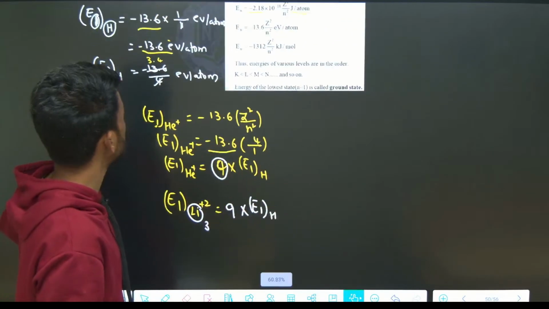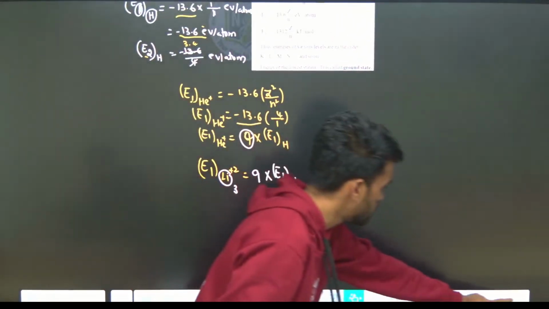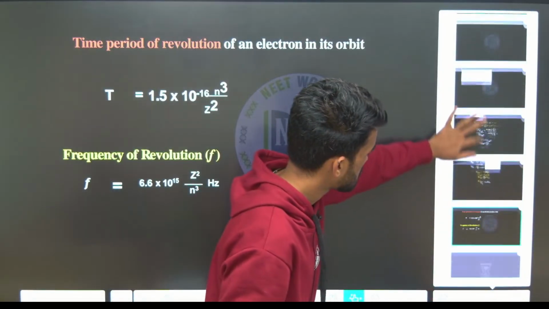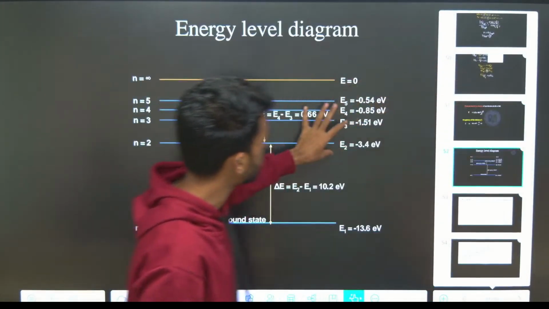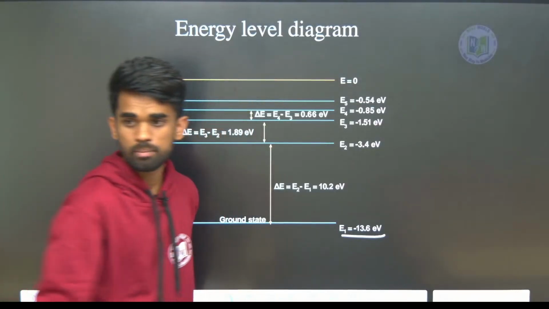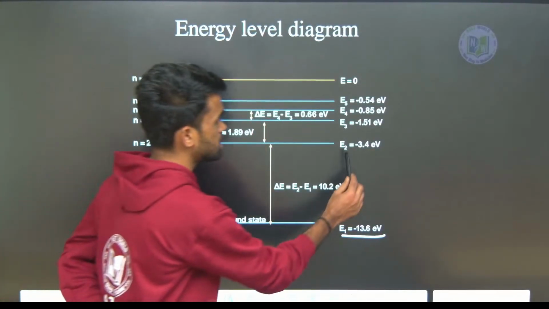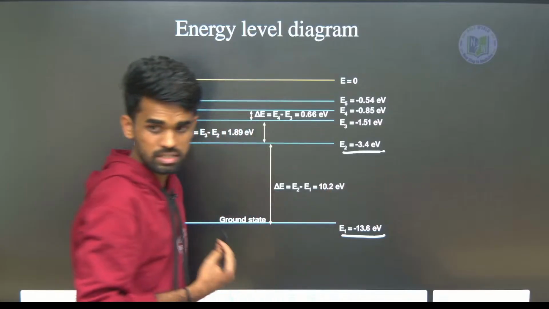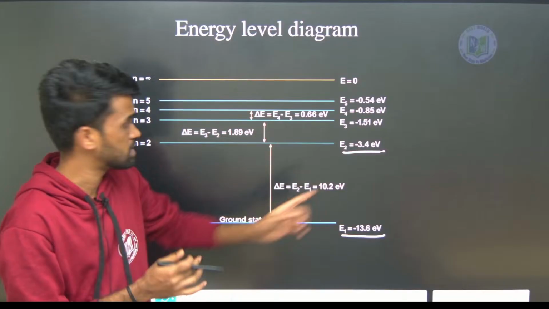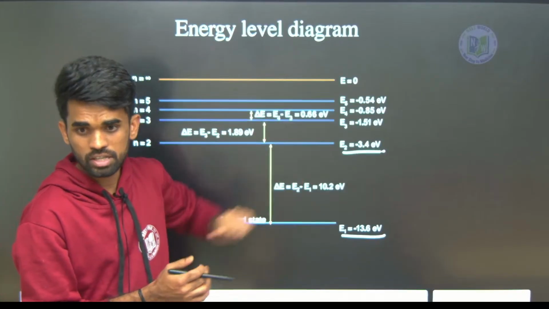Next, if you keep on calculating energies: what is the ground state energy for hydrogen atom we got? Minus 13.6. The first excited state, otherwise the second level, how much did we get? Minus 3.4.